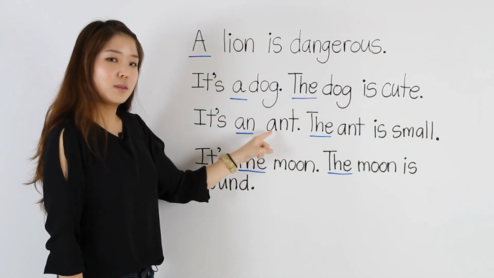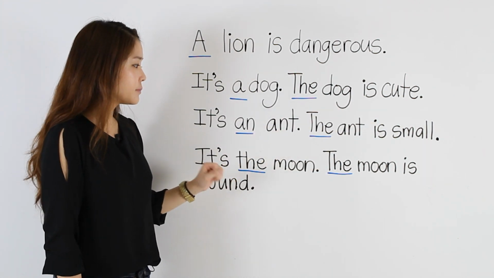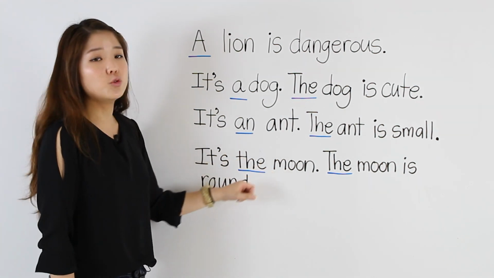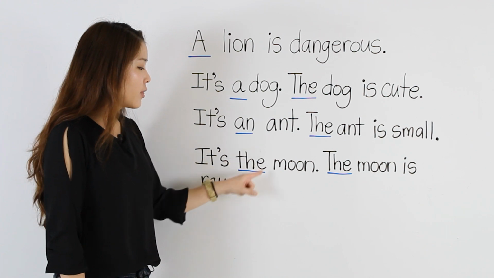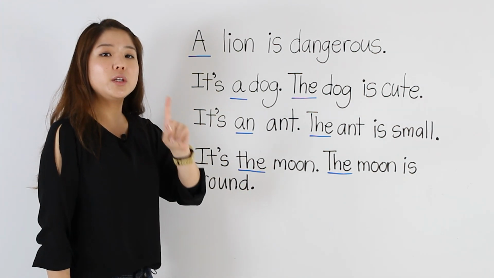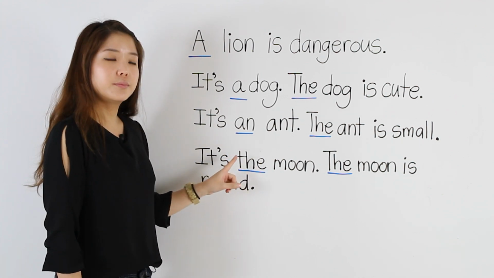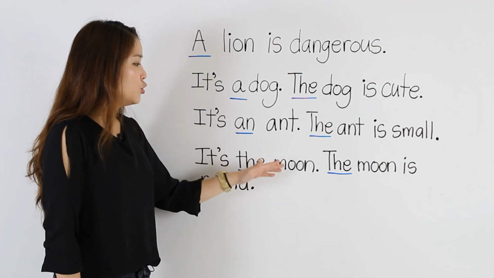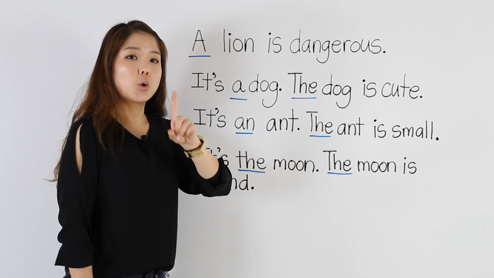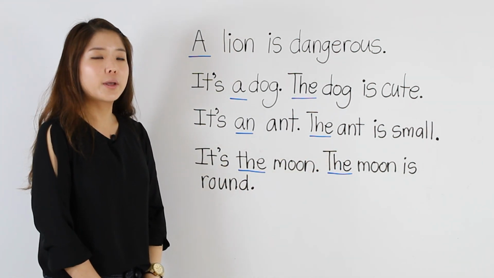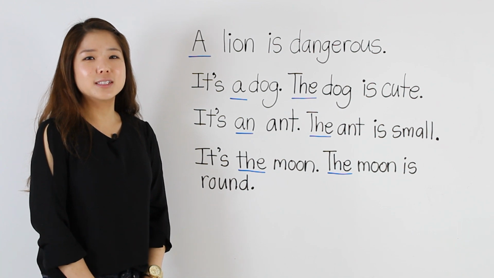The ant, this one, is small. Okay, and the last one, it's the moon. I have to say the moon because there's only one moon. I cannot say a moon. It's the moon. The moon, only one, is round. Okay, let's look at some more examples.